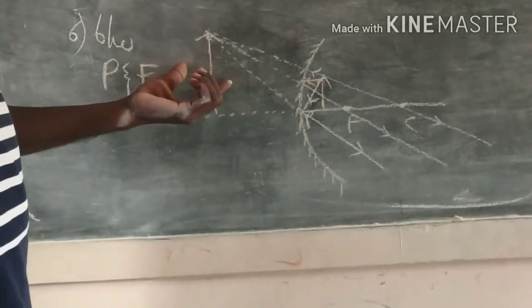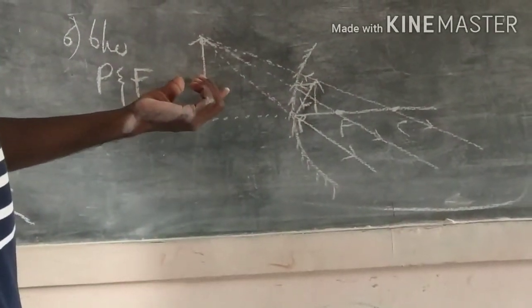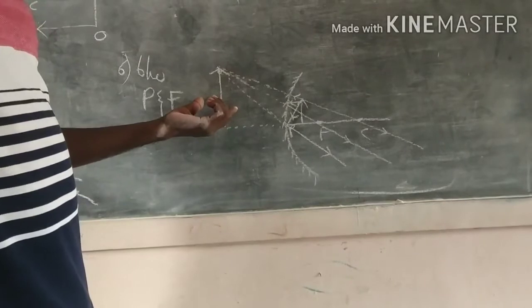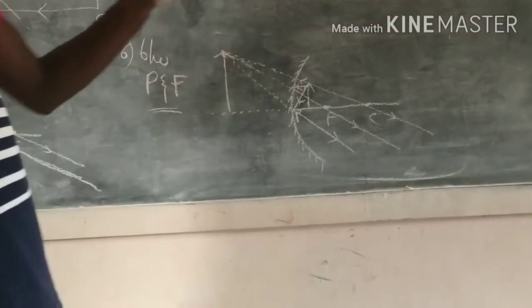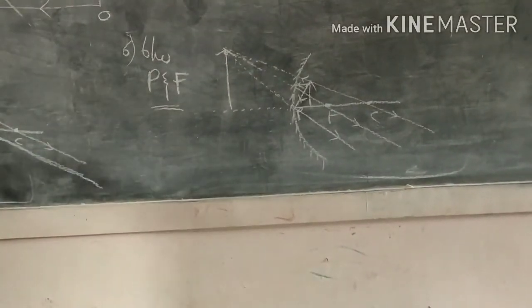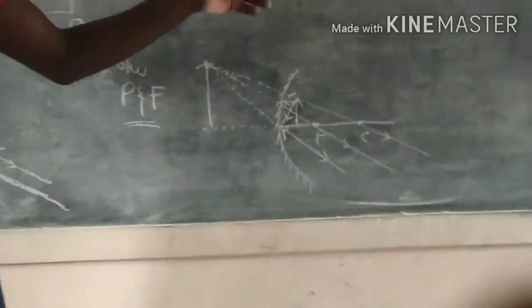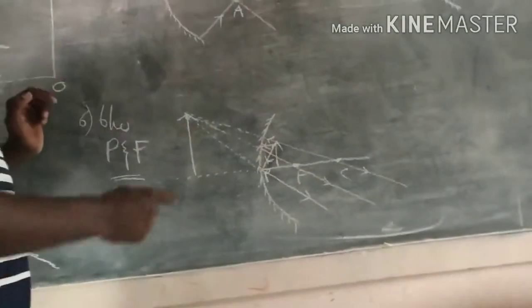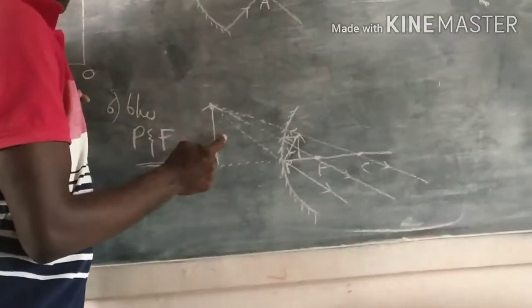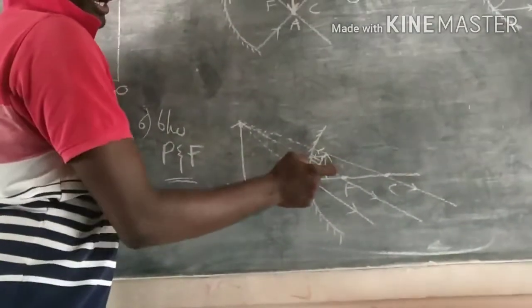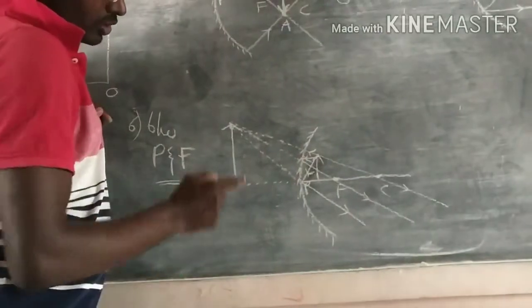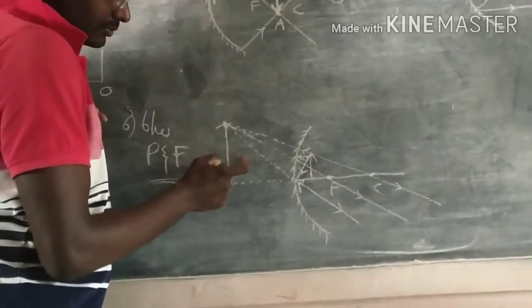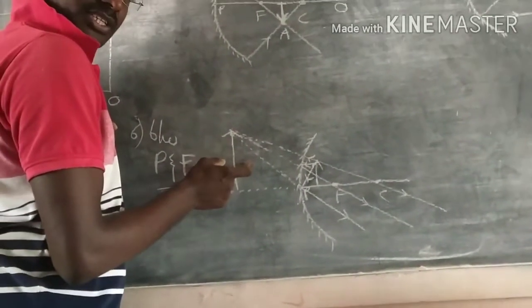So this is an erect image. In all other cases we get an inverted image, so the direction of the image is opposite to the object. Here the direction of the image is the same as the object. So this is an erect image and an enlarged image.